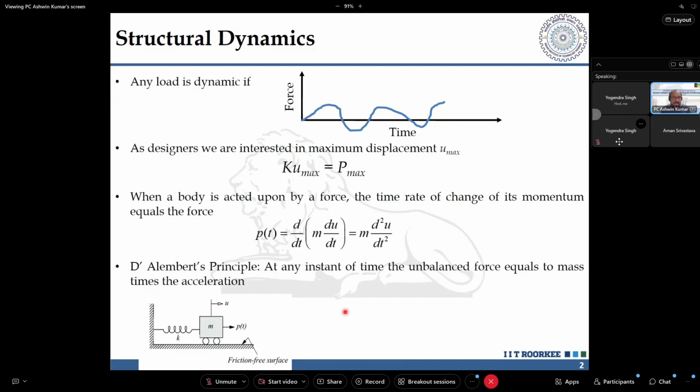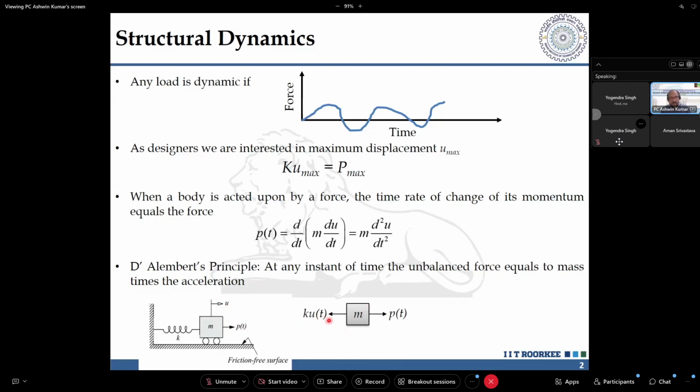Then we use D'Alembert's principle for a simple system, shown here as a mass-spring model put on a frictionless surface, with the spring attached to a very rigid body. If I draw the free body diagram, this body is subjected to an external force P(t), a force varying with respect to time, and we are trying to monitor the displacement time history of this body, right?